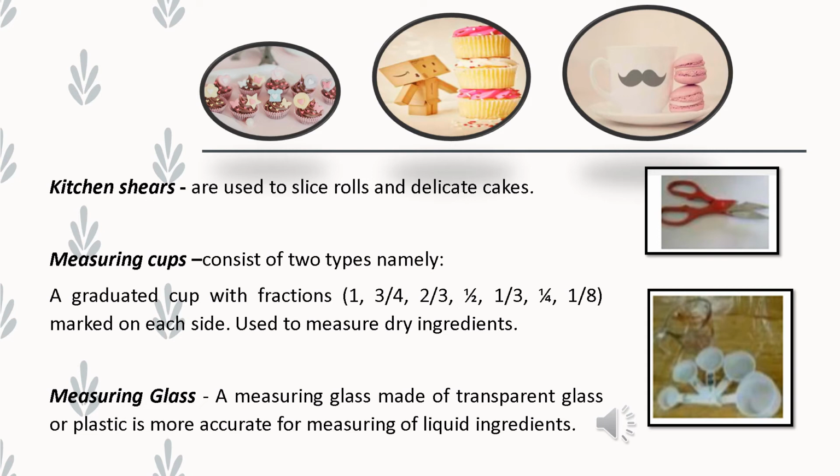It is used to measure dry ingredients. Another type of measuring cups is the measuring glass. It is made of transparent glass or plastic, which is more accurate for measuring liquid ingredients.